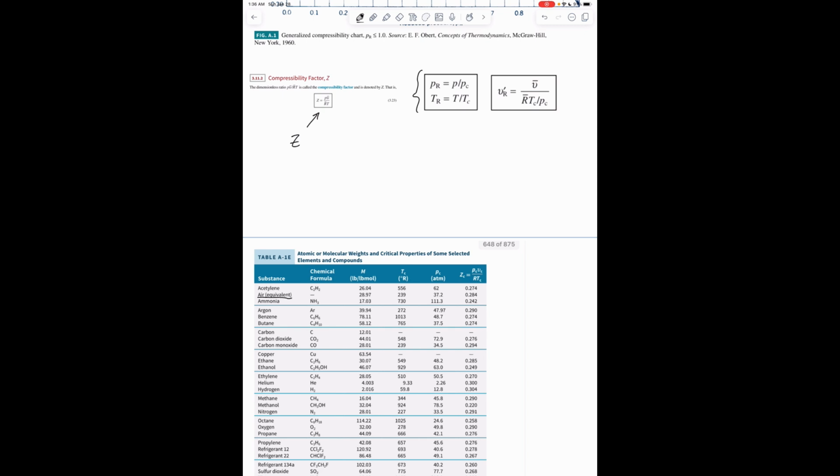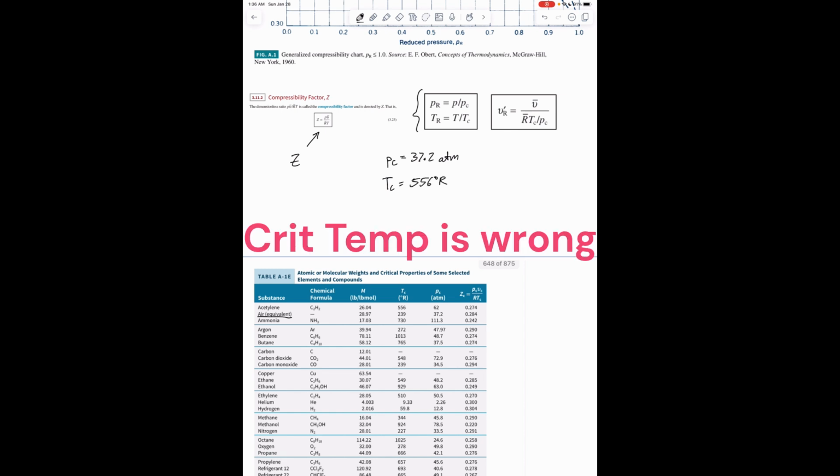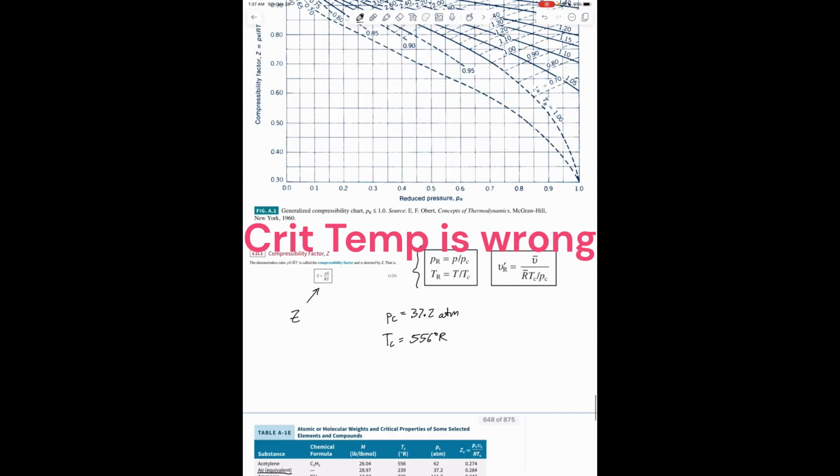Air has a critical pressure and a critical temperature. Its critical pressure is 37.2 atmospheres. Its critical temperature is 556 degrees Rankine. So let's take an example.